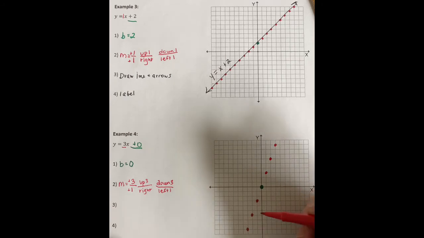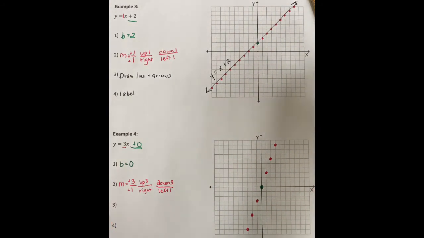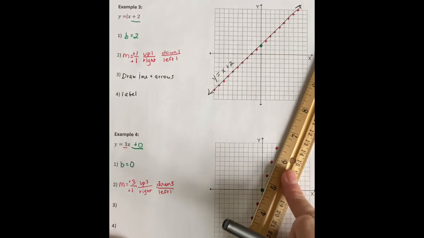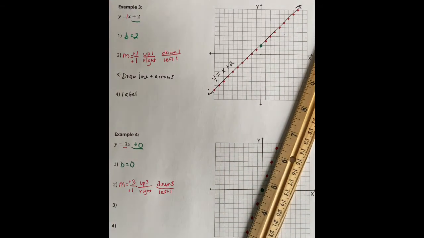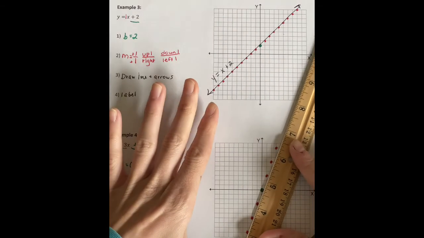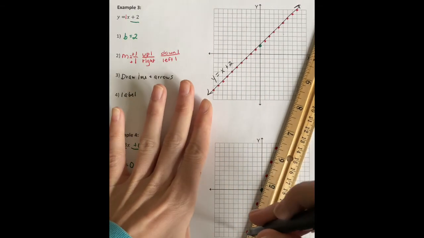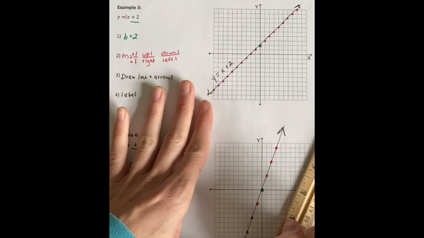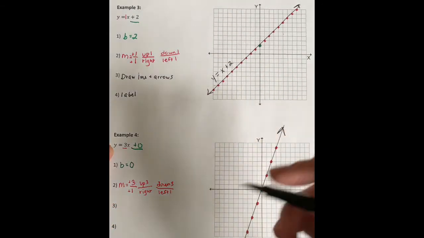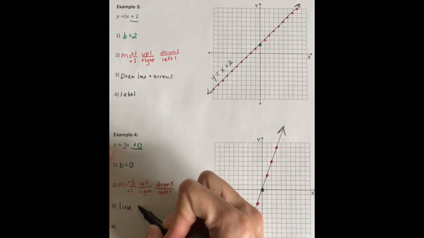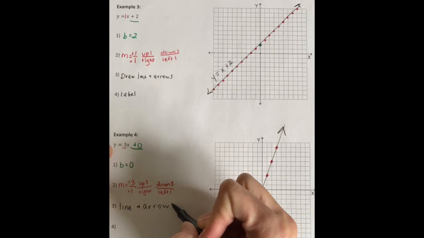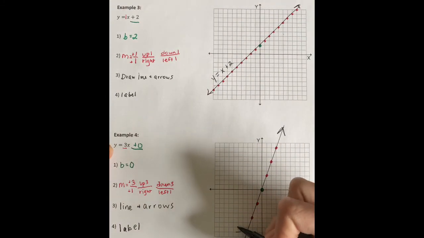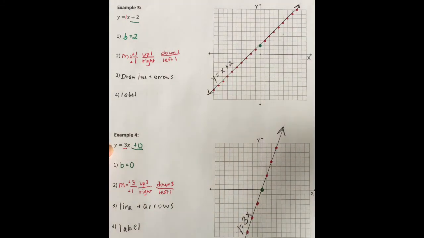Then we're going to take our straight edge and we're going to draw a line through all those points to make our line. Draw arrows on our line. And then finally, we cannot forget to label our graph. So I have y equals 3x.